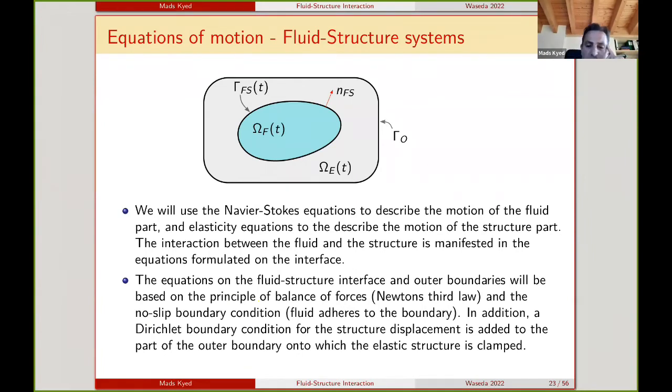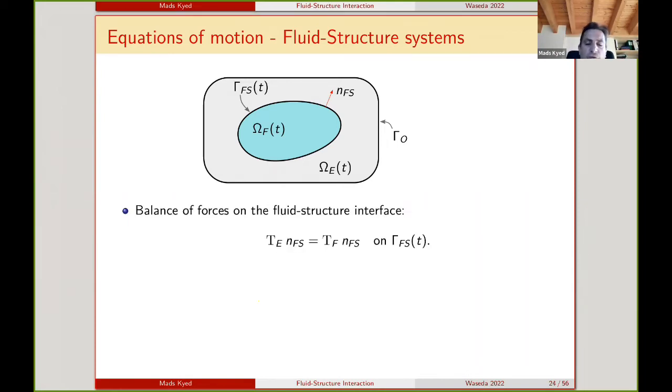Okay, so of course on the part of the boundary where the elastic material is clamped, we have no deformation, and this will also be reflected in a boundary condition. So let's start with the boundary condition on the fluid structure interface. We have a balance of forces, which we express in terms of our Cauchy stress tensor.